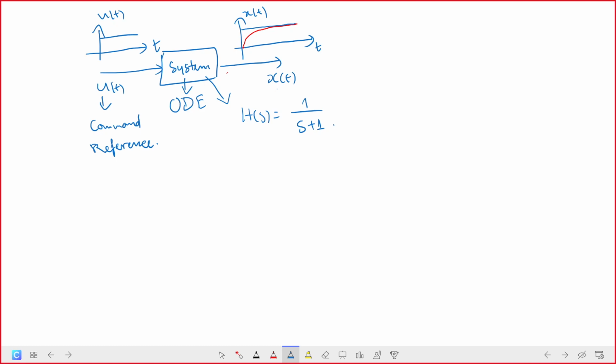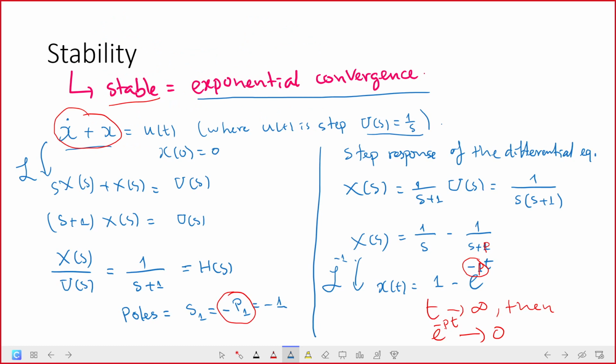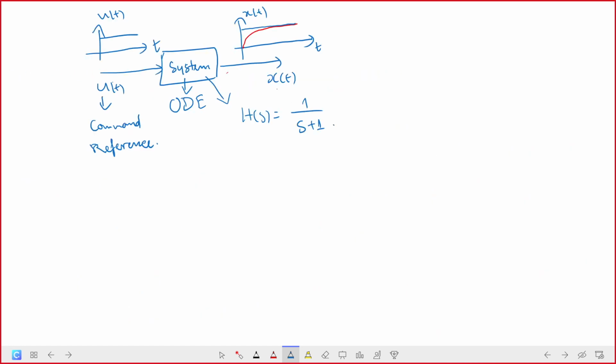We can really have convergence. The exponential term converges to 0. The remaining is just 1, which means h of t just goes to 1 like this. Here is what I illustrate to understand.